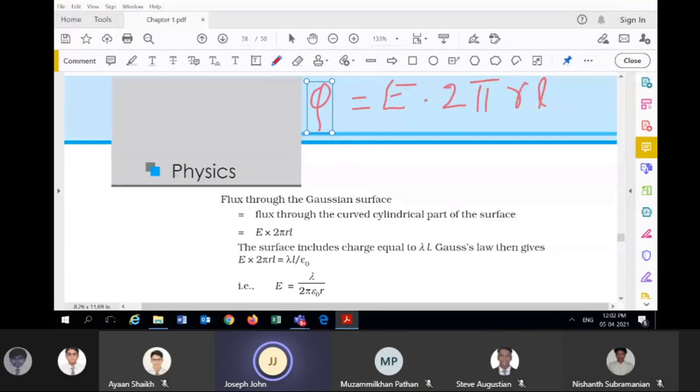Equation number 1. Please, all of you write. Flux through the curved surface is phi is equal to E into 2 pi rL, equation number 1. First step is okay? Very good.